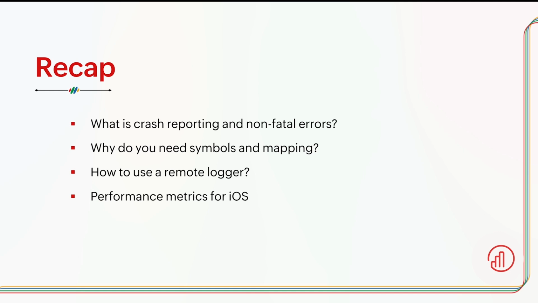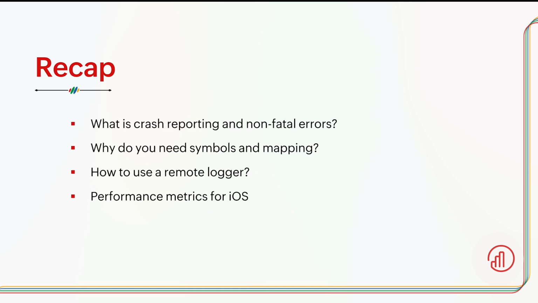Then we saw why we need an application debug symbol file management tool, and we saw how symbols and mappings in Apptics helps you do that. Then we saw how to use the remote logger feature in Apptics, and then we explored the performance metrics that are offered for iOS apps in Apptics.